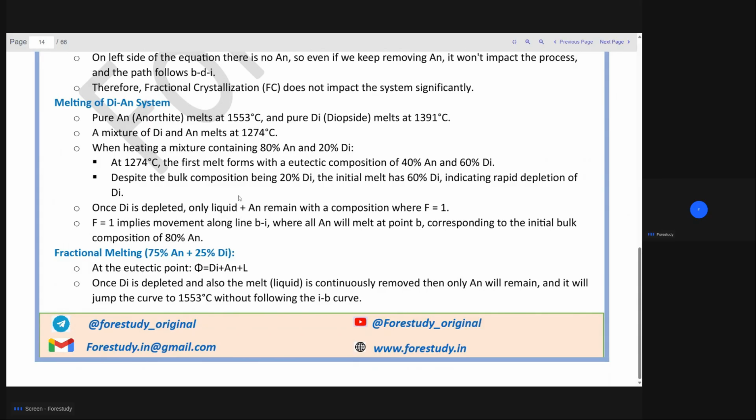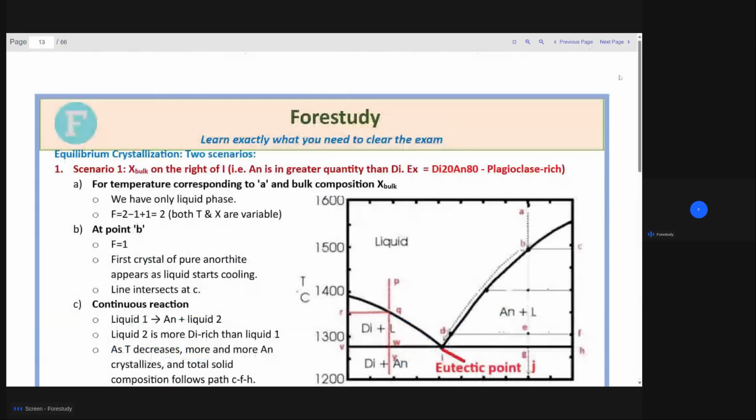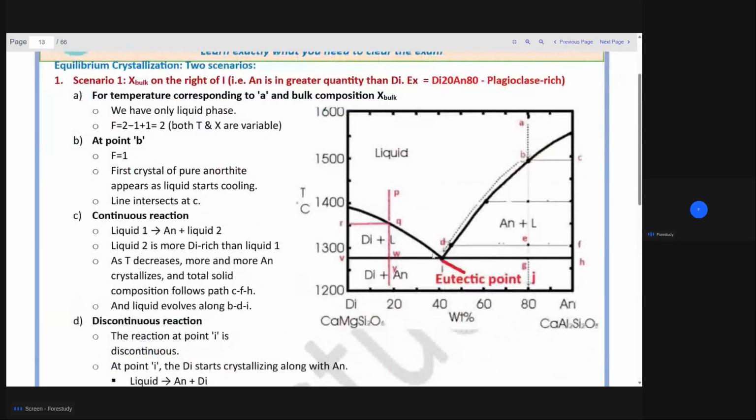Only liquid, which is rich in anorthitic composition, and anorthite crystals will remain, with F equal to 1. It will follow the line of the liquidus. So F equals 1 implies movement along the BI line, where all anorthite will melt at point B, corresponding to the initial bulk composition of 80% anorthite. After all the diopside is finished, it will follow this curve, the BD line.